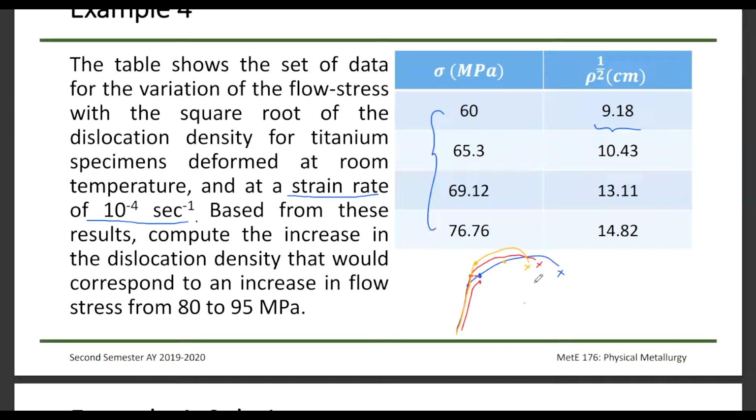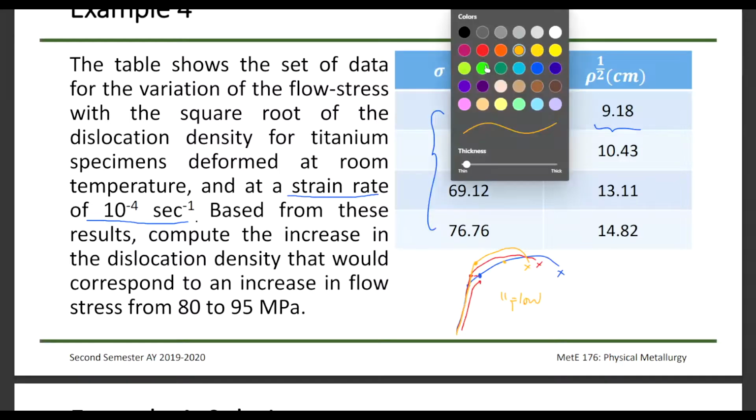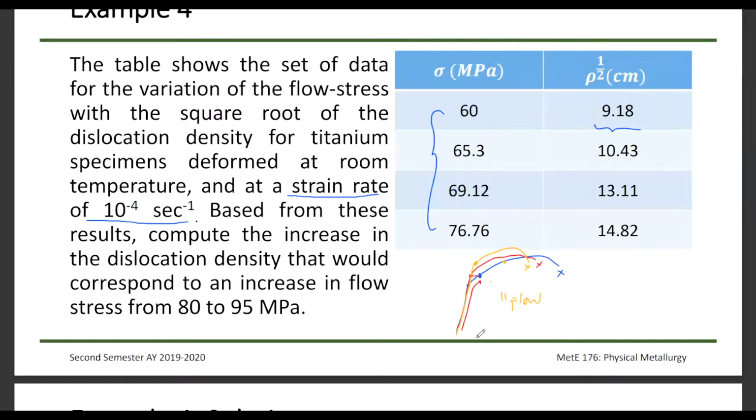Kumbaga kasi when we are plastically deforming, essentially parang nagpo-flow kasi yung material natin, no. So if you want to continue that quote unquote flow, then you need to overcome the threshold, no. So at any given point, if you know the amount of strain that it has experienced, kaya mo malaman kung ano yung particular flow stress at that strain value, no, alam mo kung ano yung flow stress na kailangan, no. Okay, so this is your flow stress. So that's the concept of flow stress.